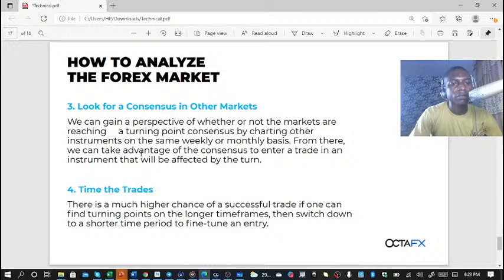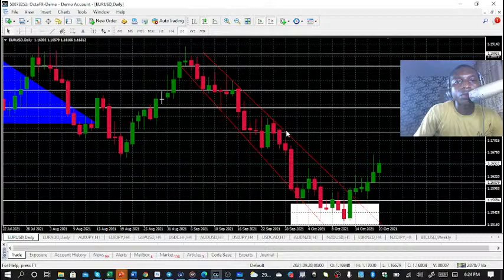Now you also need to look at consensus in other markets. We can gain a perspective of whether or not the markets are reaching a turning point by charting other instruments. Let's say you are trading on the Euro USD.